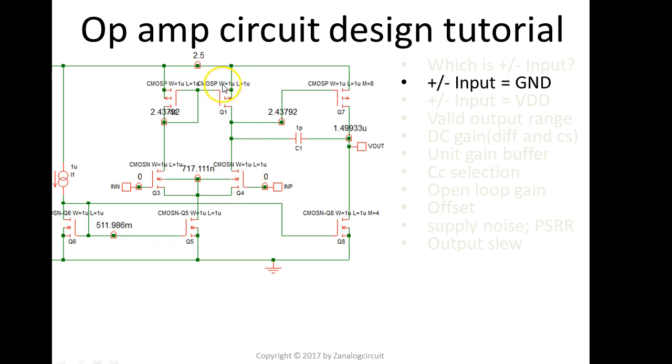Because this is off, this is off, this node is a high-Z node, a high impedance node, right? It really depends on the strength of the leakage from the top and to the bottom to decide which voltage this one is going to be sitting at. So in real silicon, in some cases you're going to find this voltage is very, very close to ground, which means this Q7 is going to be on.